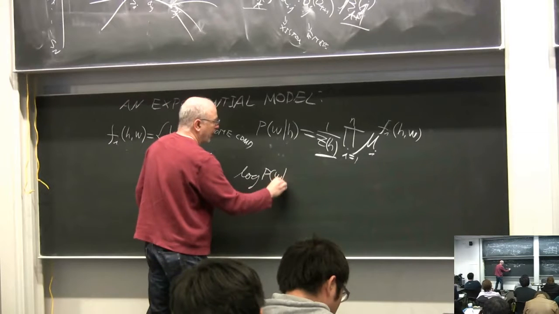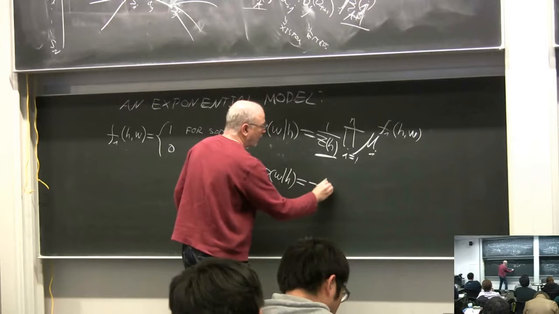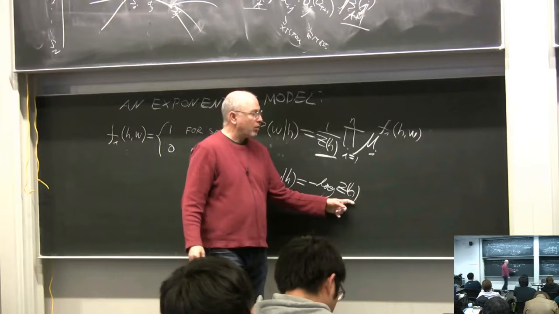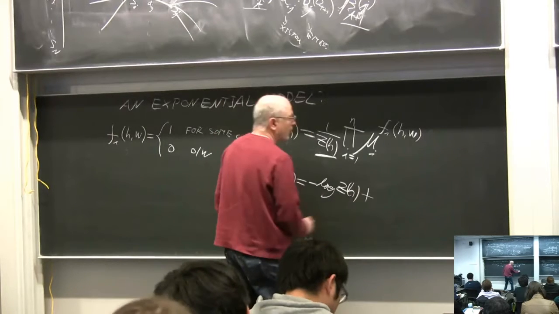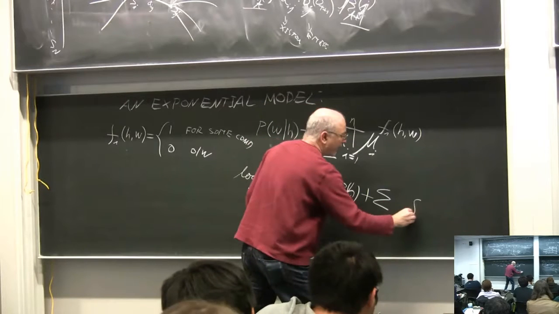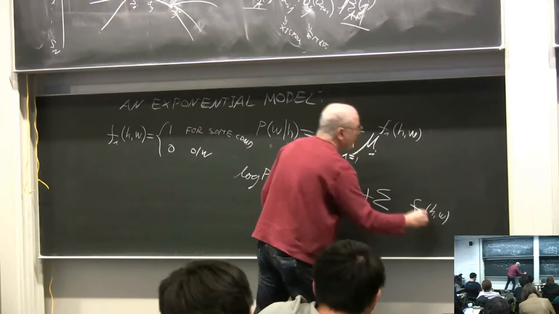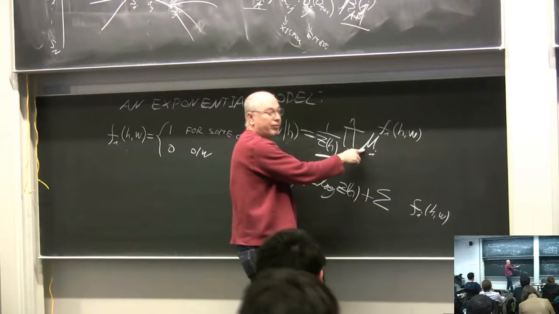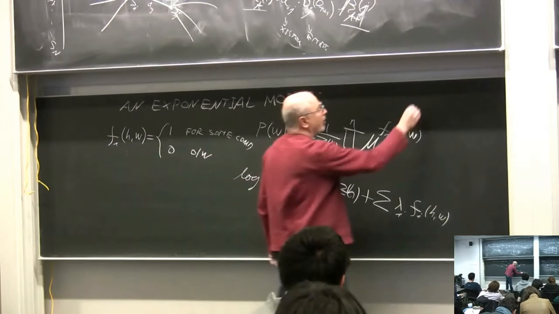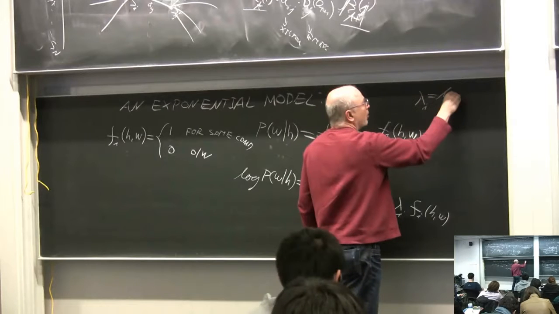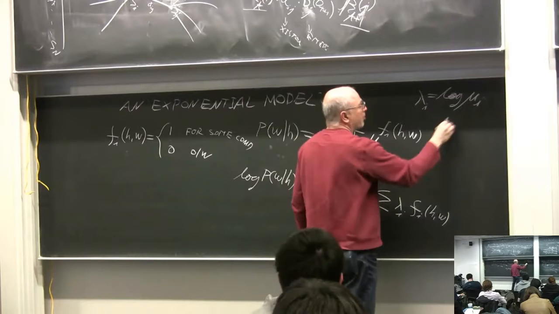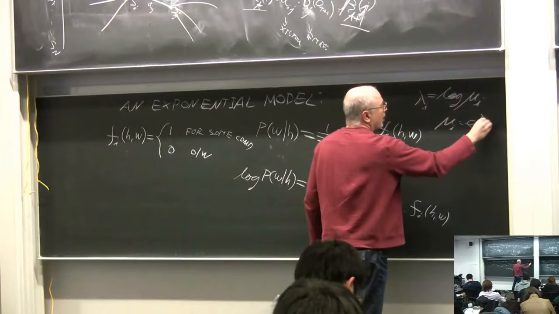Log probability of w given h is negative log of Z of h, that's constant for a fixed h, plus log of this becomes a sum of f_i of h and w times log of mu_i. Instead of log of mu, I will write lambda_i. I'll write here that lambda_i is defined as log of mu_i, or equivalently, mu_i is defined as e to the lambda_i.